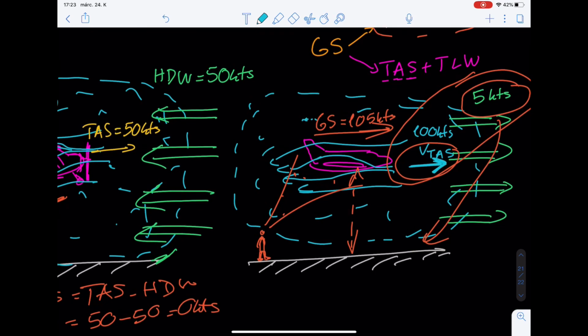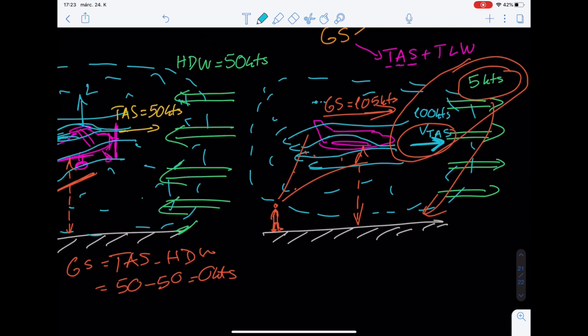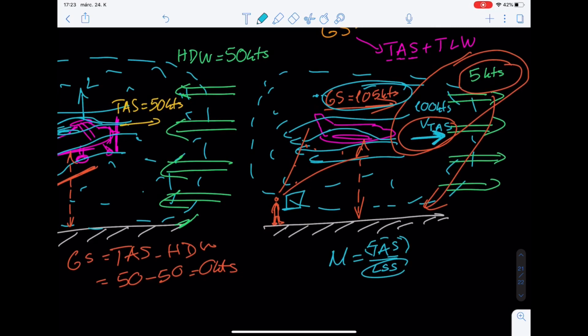But what matters in the Mach number calculation is the true airspeed over the local speed of sound, right? So interestingly, your ground speed, if somebody was observing from the ground or at their home computer from Flight Radar 24 or something, they see the ground speed and they would calculate that, oh my God, this aircraft is flying above the local speed of sound, but actually in reality the true airspeed is what counts.